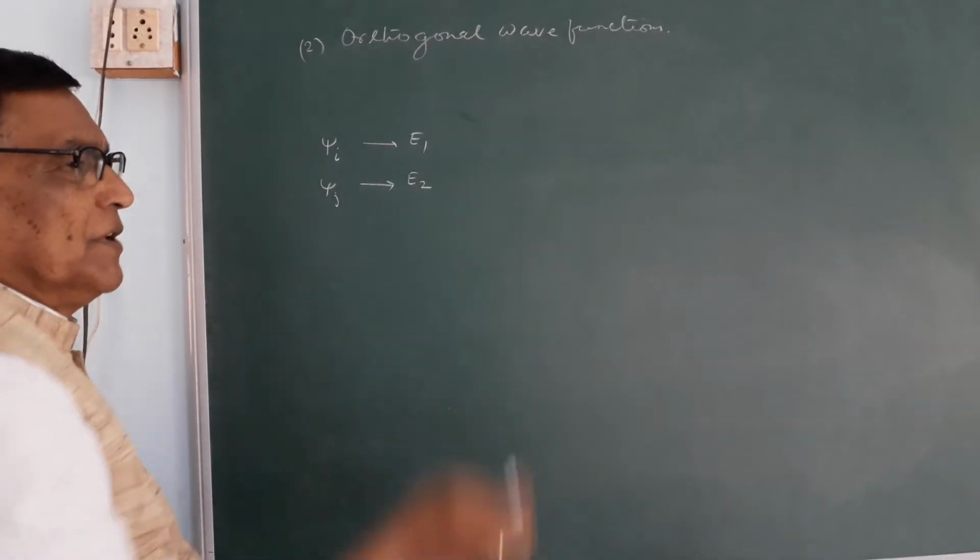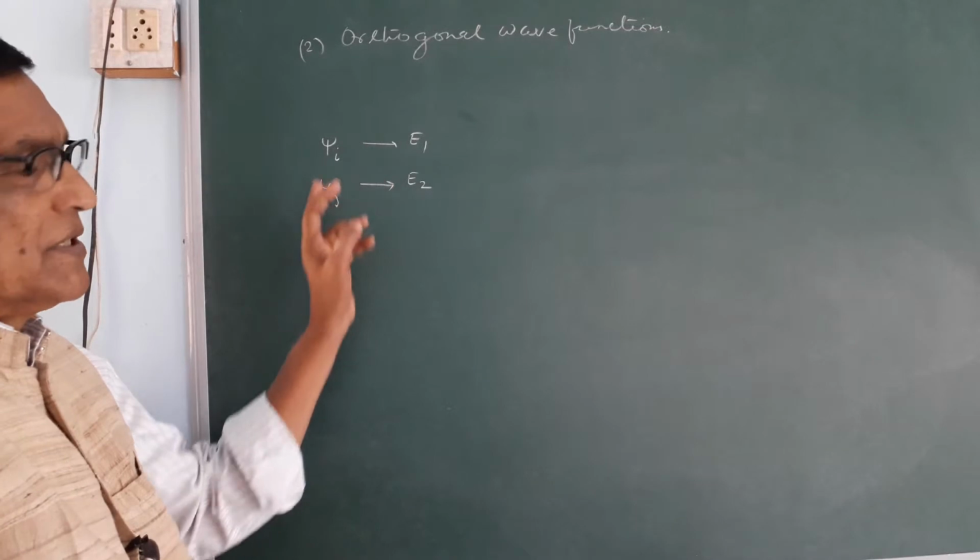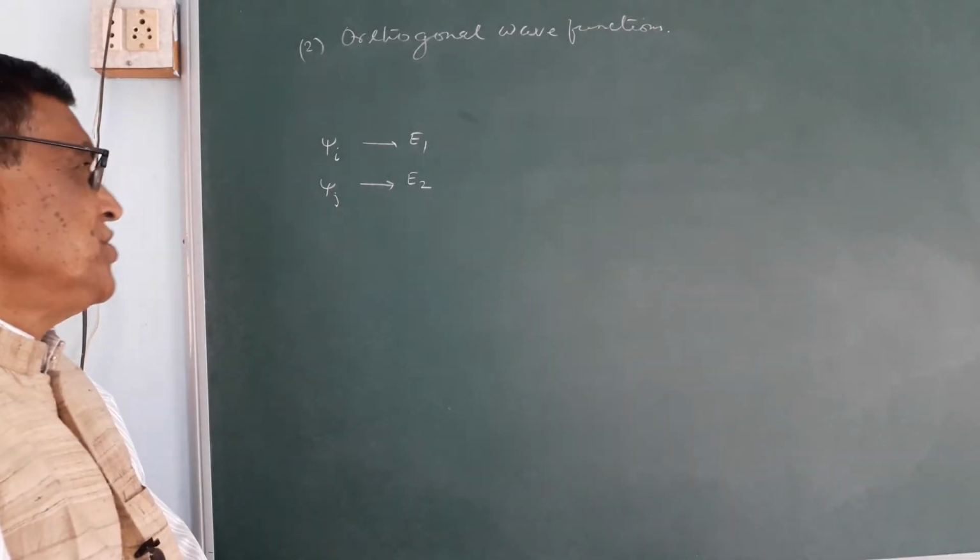If E1 and E2 are not the same, then psi 1 and psi 2 are called non-degenerate.